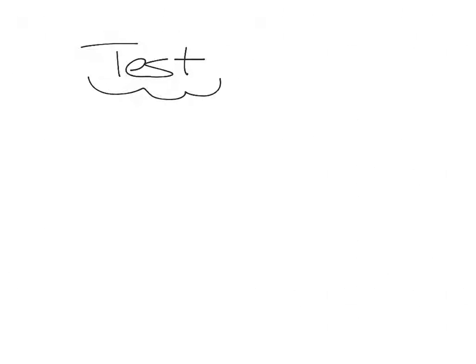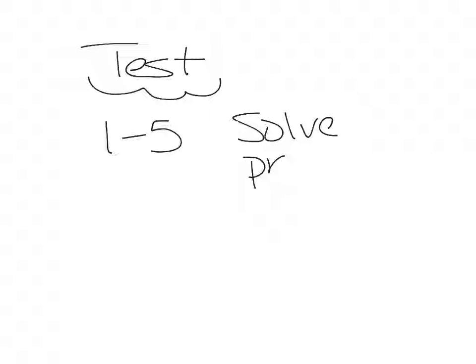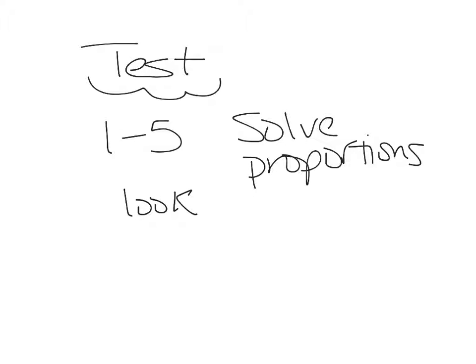So let me go ahead. So again, just before I go out of this, on the test tomorrow, 1 through 5, these are going to be solving proportions. Okay, you're going to be looking for an unknown.